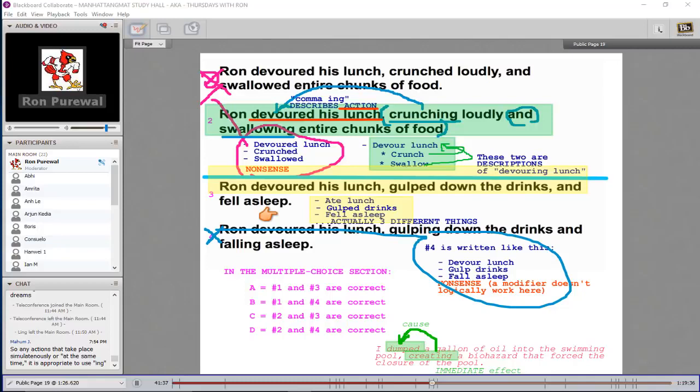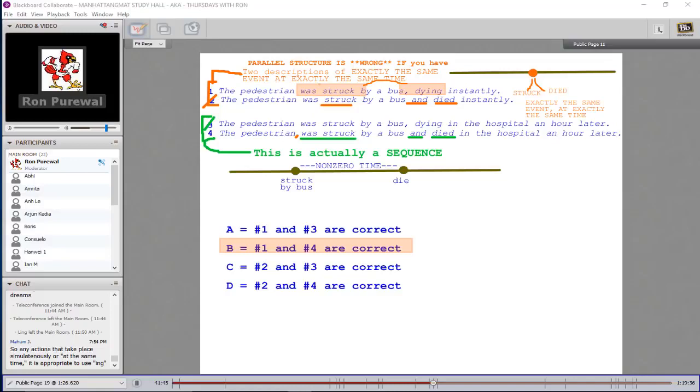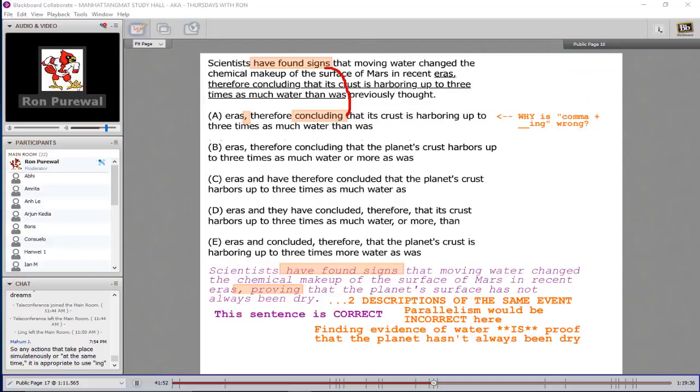So when you have things that are happening at the same time, one of them is going to be a description of the other one. This is really just understanding how comma-ing works. This is a modifier of that event. If you do have two simultaneous descriptions of exactly the same thing, then one of them should be describing the other one, or at least should be some sort of subsidiary to the other one. So you don't have to memorize that separately.